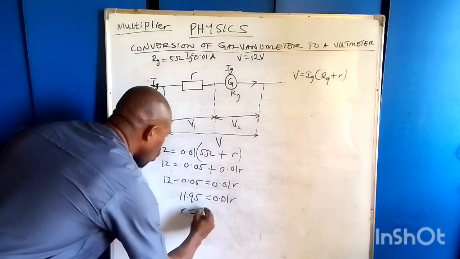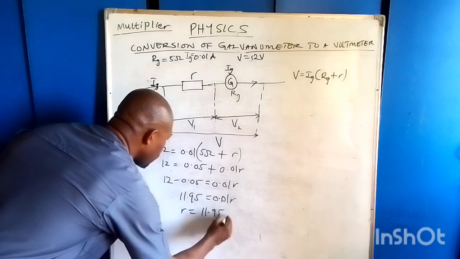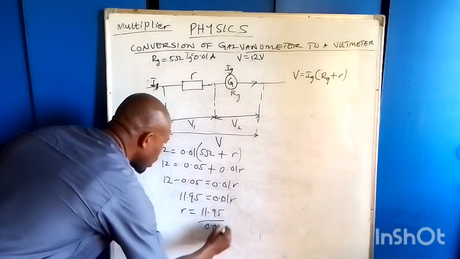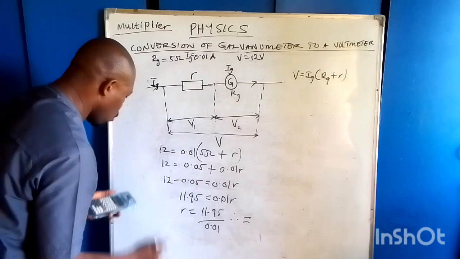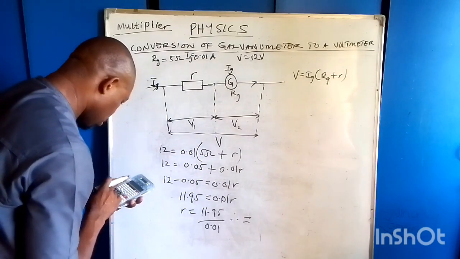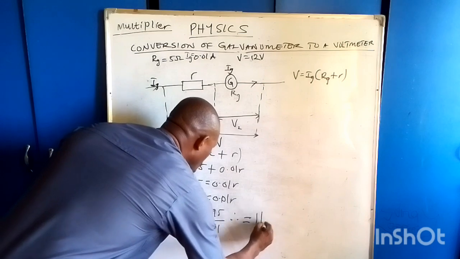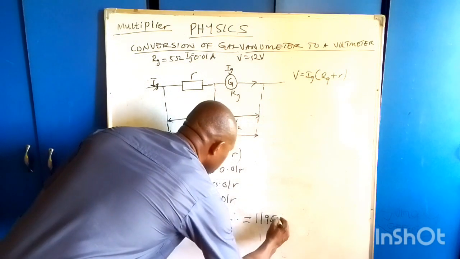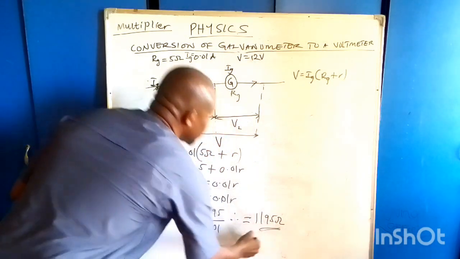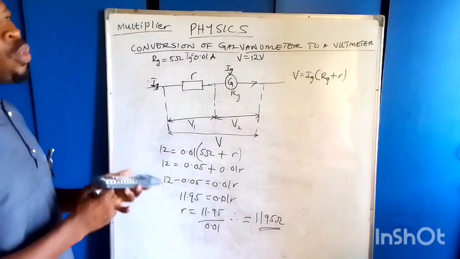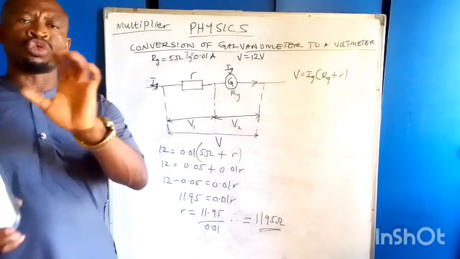R is 11.95 all over 0.01. Therefore, R gives us 1195 ohms.